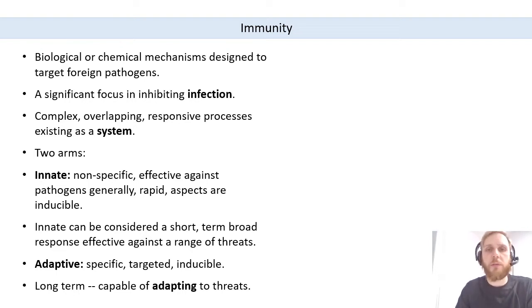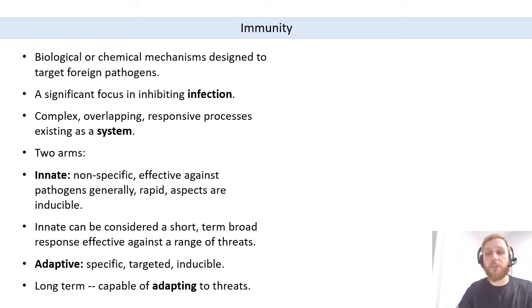So the innate immune system is essentially the portion of the immune system that is non-specific. It launches a non-specific antimicrobial response as a response to the presence of a range of microorganism features. So it's not launched to target a specific microorganism.